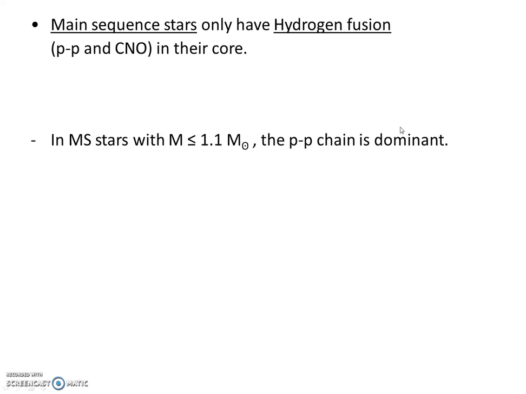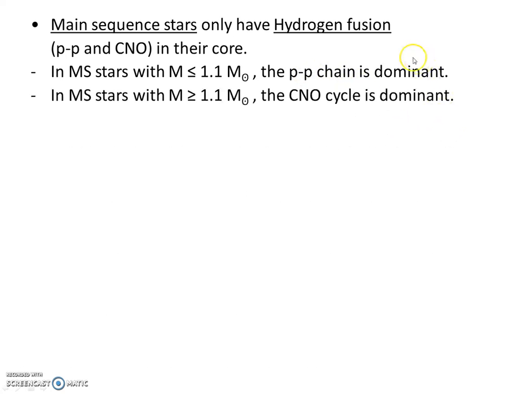Okay? And both of these are considered hydrogen fusion because they fuse hydrogen, protons basically, together to make helium. And that's another way of defining what a main sequence star is. A main sequence star can be defined as a star that burns hydrogen in its core, period. And that's it.